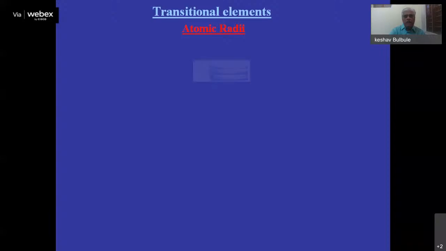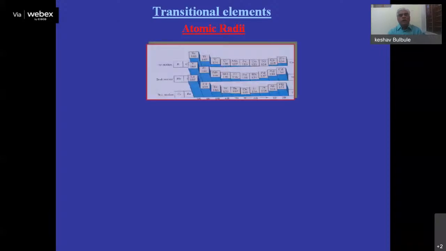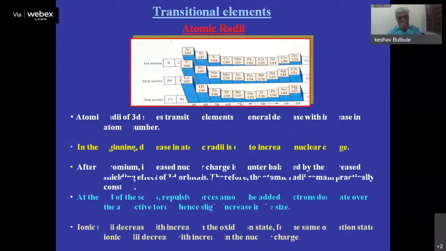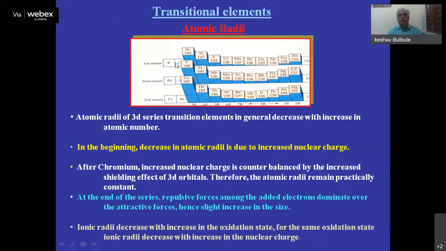And here you see how atomic radii vary in case of d block elements. Earlier, we saw in the rest of the periods, as one moved from left to right, ionization energy decreased, electronegativity decreased, atomic radii was increasing. But when you see especially in case of transition elements, the atomic radius first decreases, remains almost constant, and then again it increases.